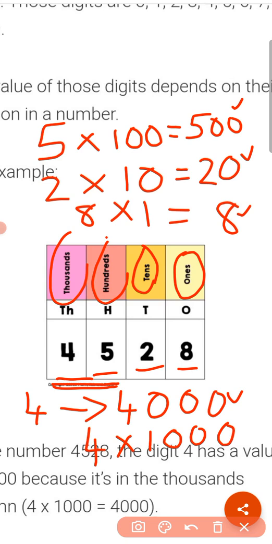If it is in hundreds place, multiply by 100. If it is in thousands place, multiply by 1000. If it is in 10,000s place, multiply by 10,000. So children, the value of a digit depends on its position in a number.